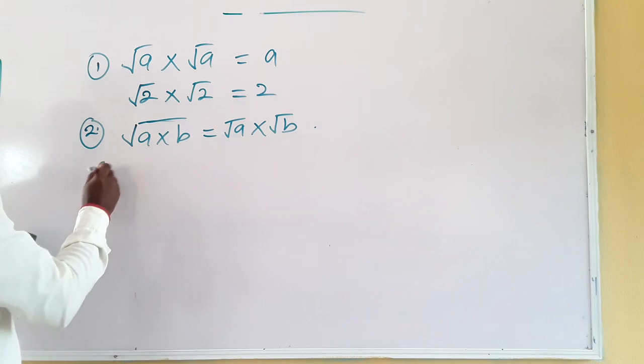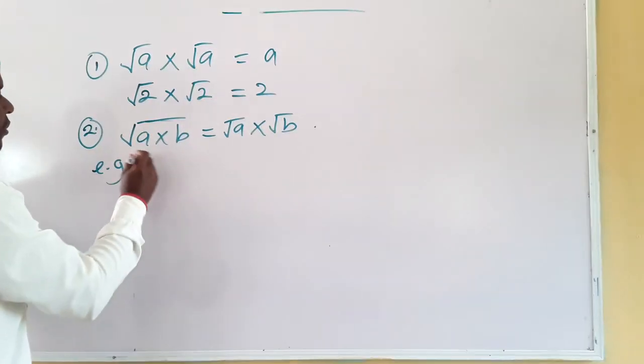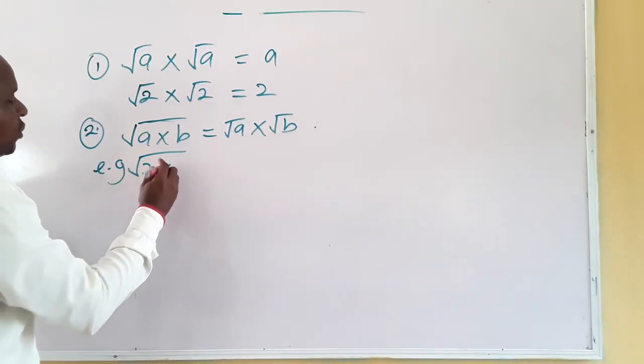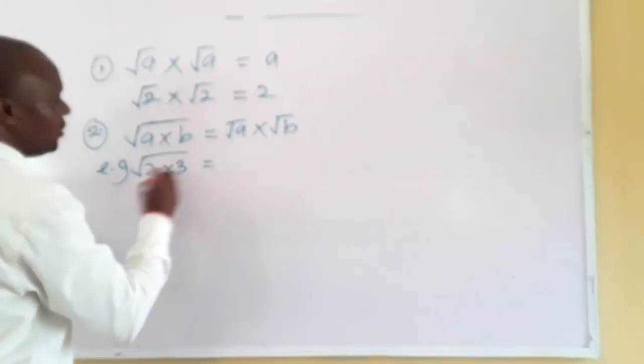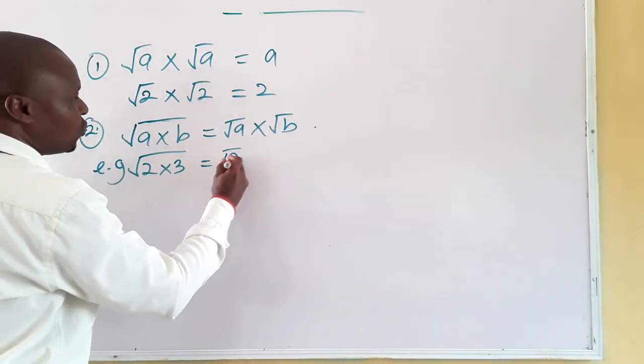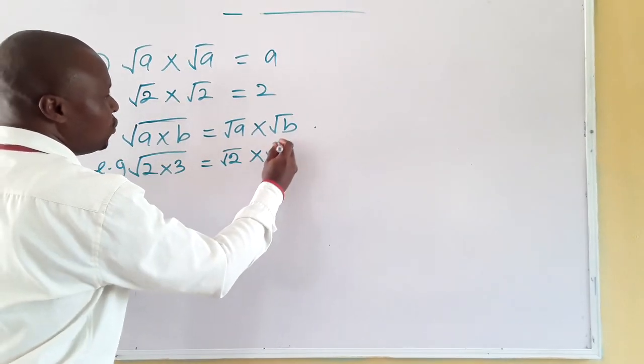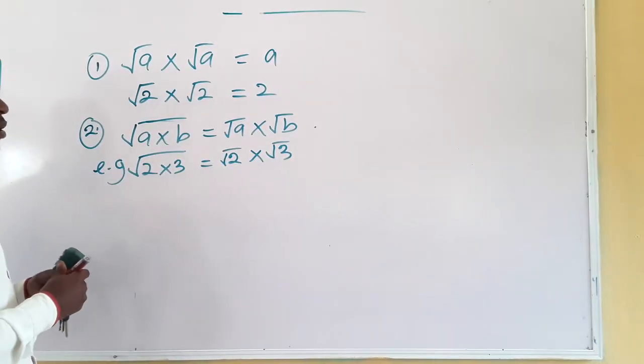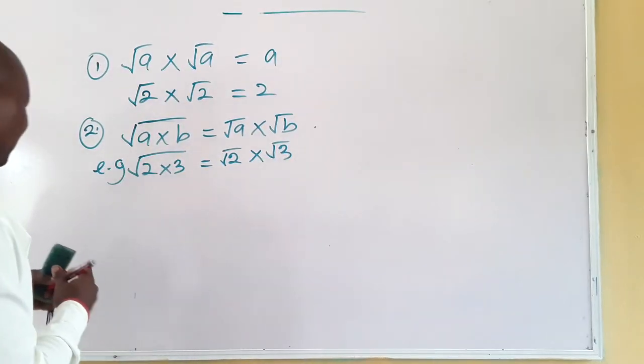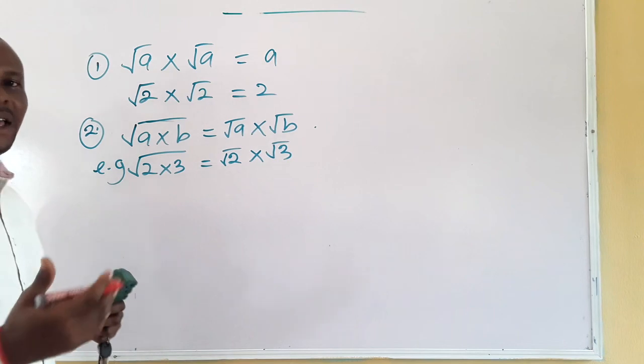An example would be, if you have root of 2 times 3, this can be broken down as separate root of 2 times root 3. Okay?